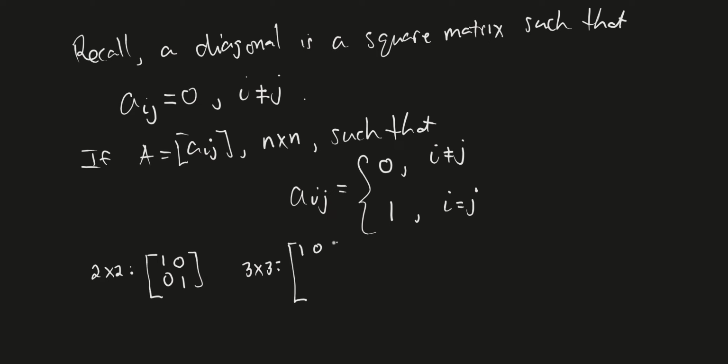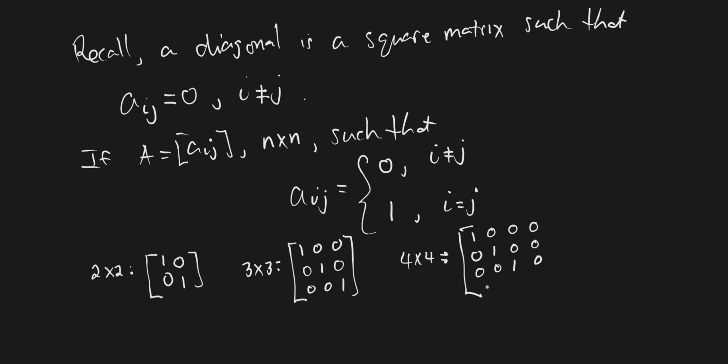So 1 0 0, 0 1 0, 0 0 1, right? Again, because this is so much fun, let's do the 4 by 4, right? So the 4 by 4 diagonal matrix with 1s on the main diagonal looks like this: 1 0 0 0, 0 1 0 0, 0 0 1 0, 0 0 0 1. Right? So just a simple matrix, but it has a very significant property.